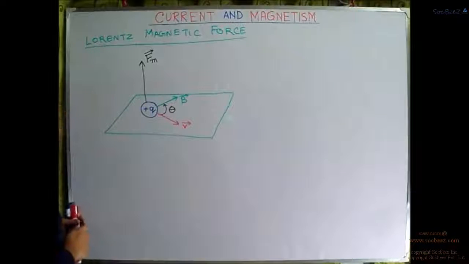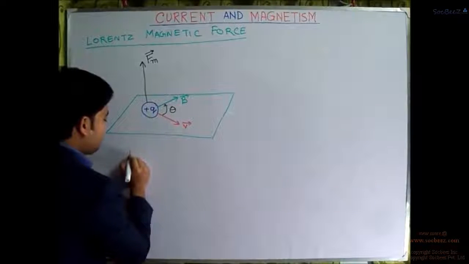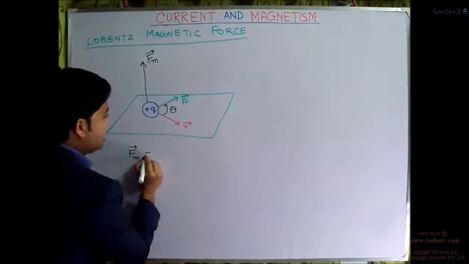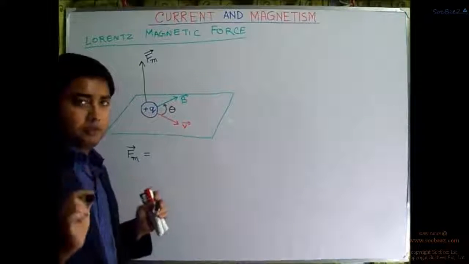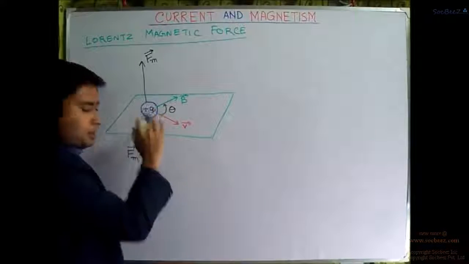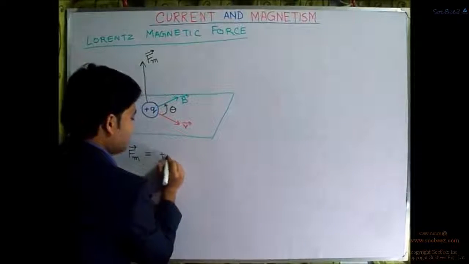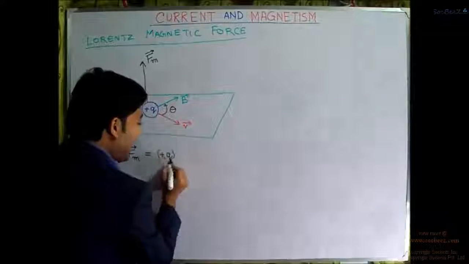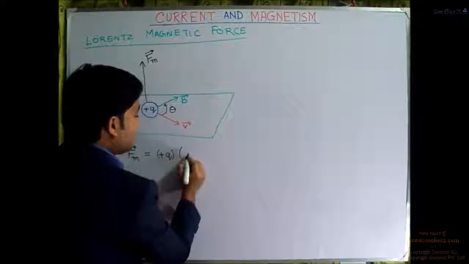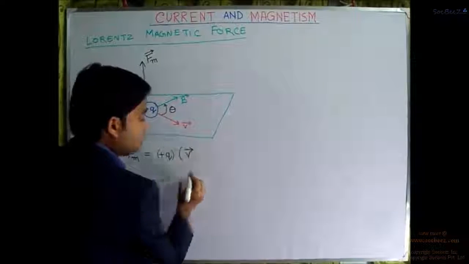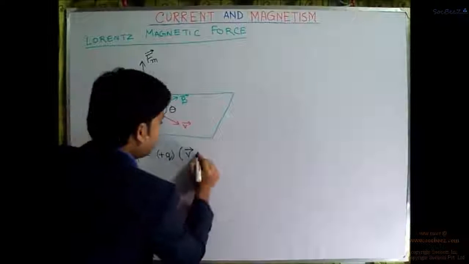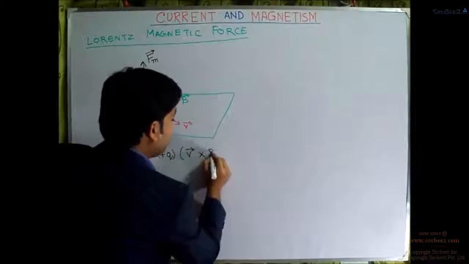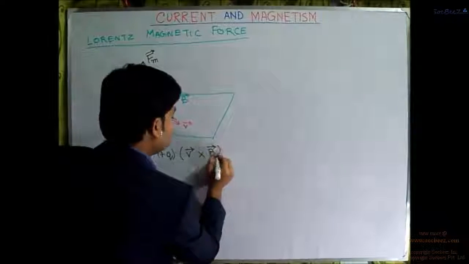So we can represent the Lorentz magnetic force as Fm is equal to, first of all, there is a charge, so we write plus Q multiplied by the velocity vector cross product with B, the magnetic field.